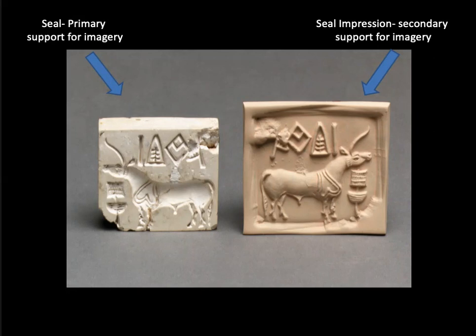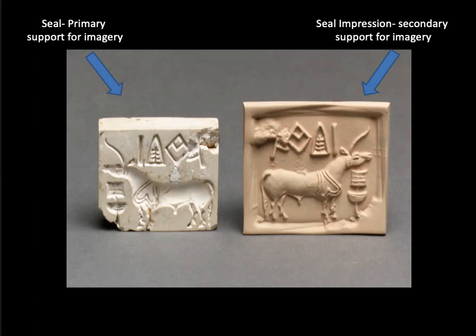These objects, like sealings and molded tablets, present a reflection of the primary support for imagery, but they exist also as objects in their own right, possibly adding new meanings to those embedded in the original imagery and to the meanings embedded in the original object.